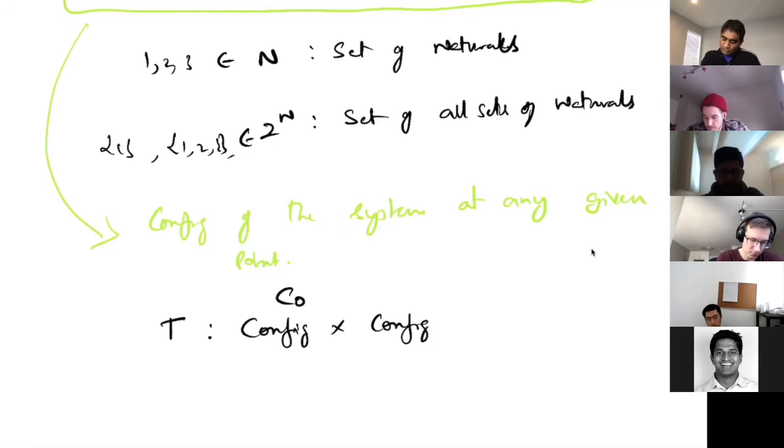Let's say for C0, only C1 is a possible configuration, right? Then you need not actually define this as a relation, but directly define it as a function, right? So you essentially can define a transition between states as mapping one configuration to another configuration, right?